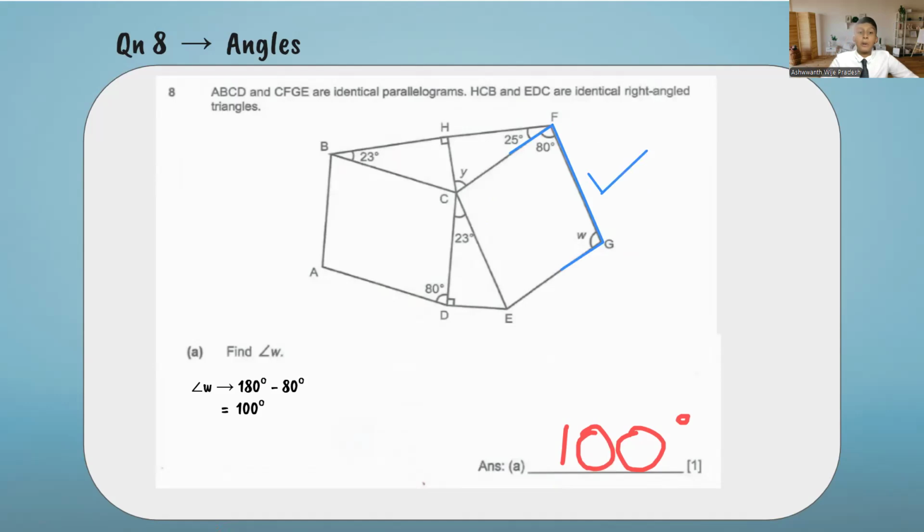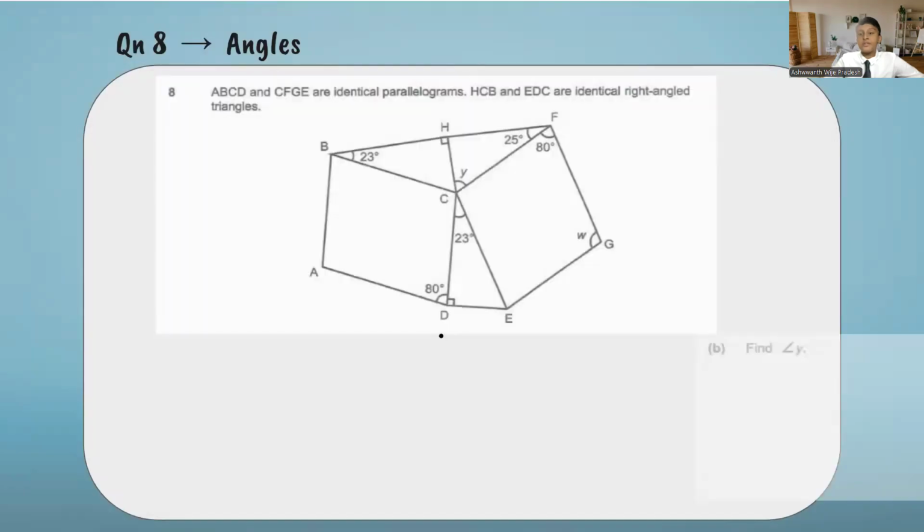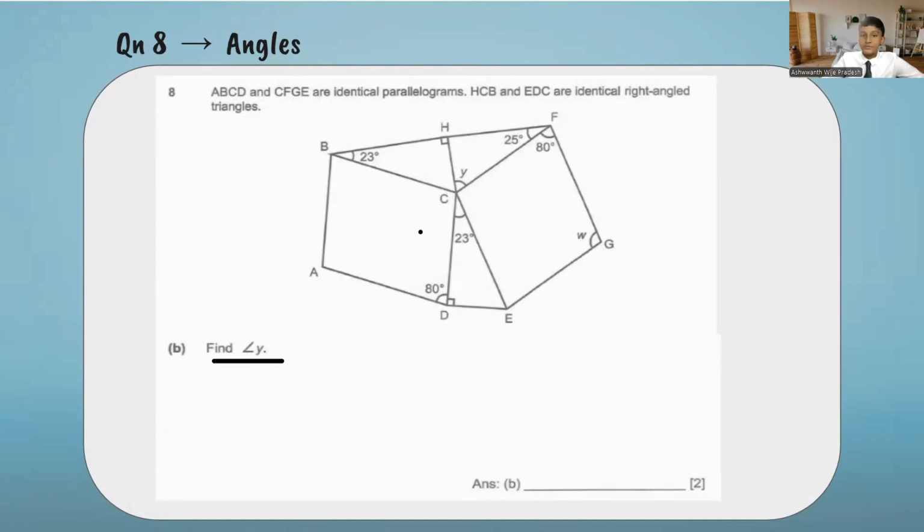Now, let's go on to part B. The same question, this is part B. Find angle Y. Where is angle Y? Angle Y is over here in this right angle triangle. Can you tell me which places angle Y is in? I'll label them.